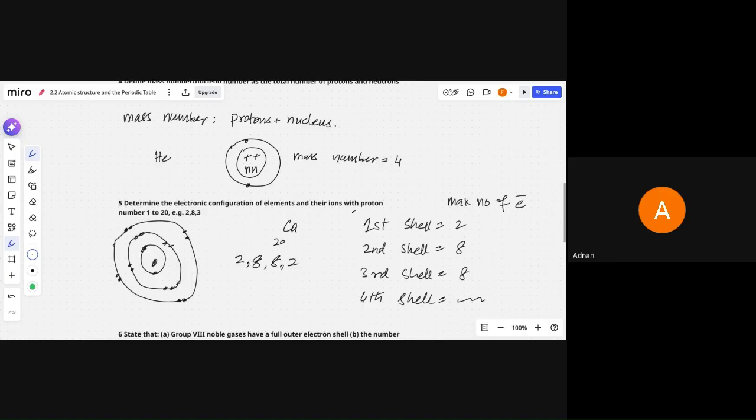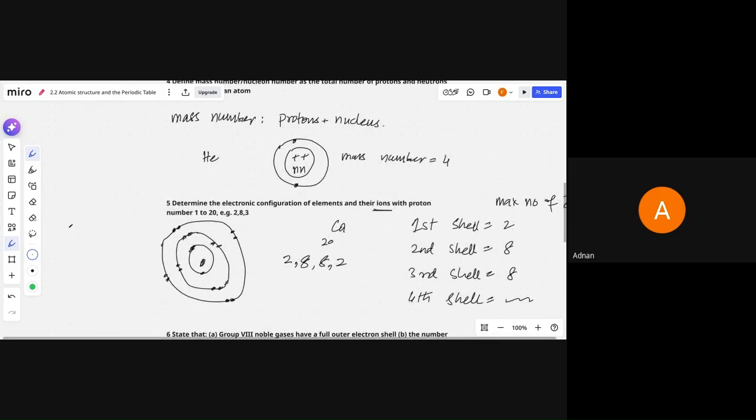Now, what are ions? Ions are charged particles where atoms have lost or gained electrons. For example, aluminum, if there is a charge of 3 plus, that's an ion, right? It means that it has lost 3 electrons.